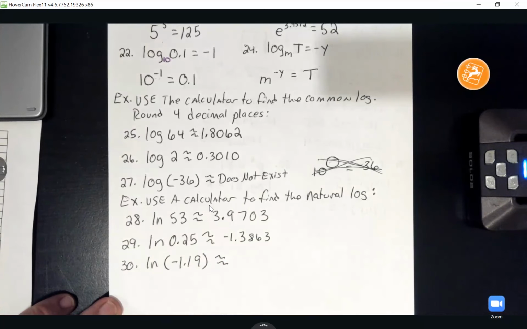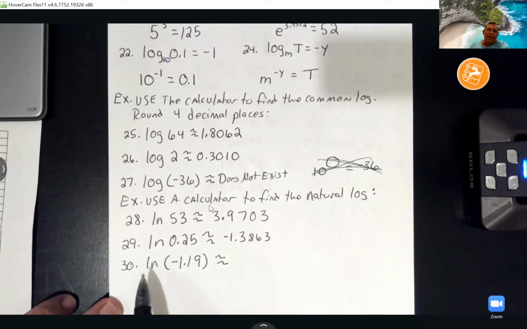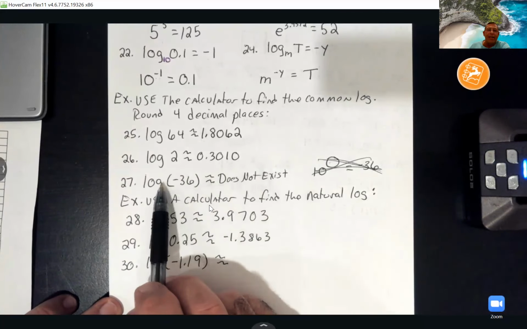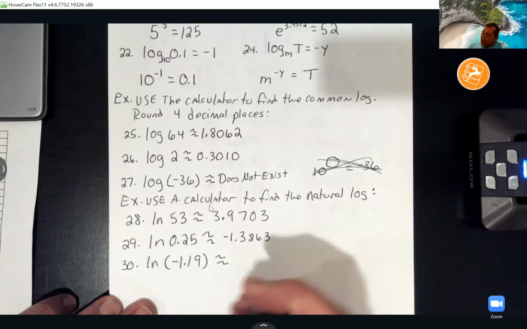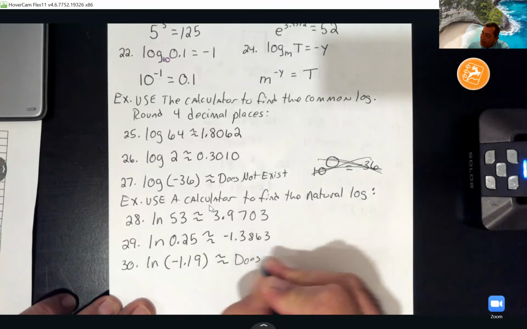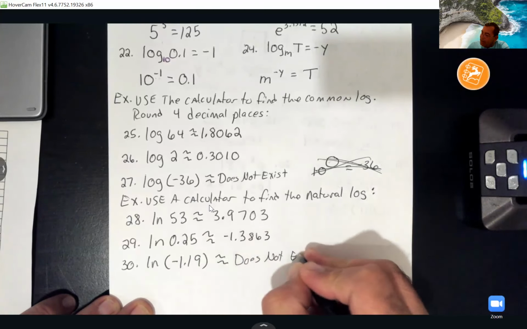I was trying to let somebody else answer, but it's no real answer. Just like I couldn't turn a 10 into a negative 36, I can't turn an E into a negative 1.19. It's that negative that's killing us. So this one does not exist.